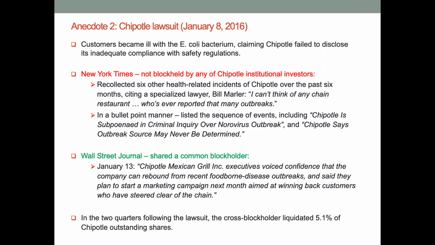So what we can do is, in addition to looking at the competitors of Chipotle, like Beaks suggested, we can also look at the full profile of the institutions that are holding the Wall Street Journal. Amazon is one of the block holders, but there are other block holders.